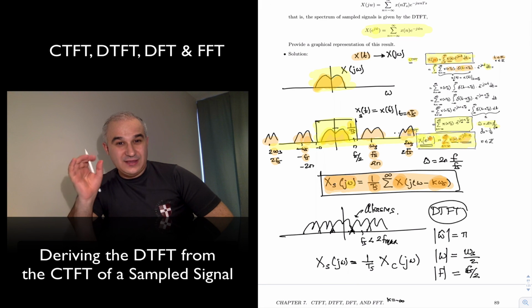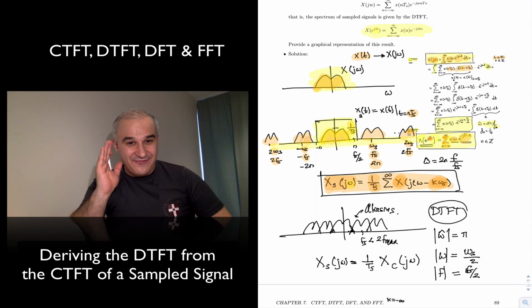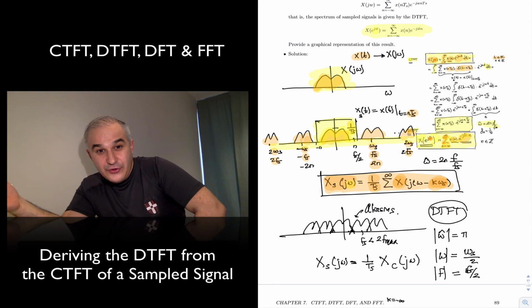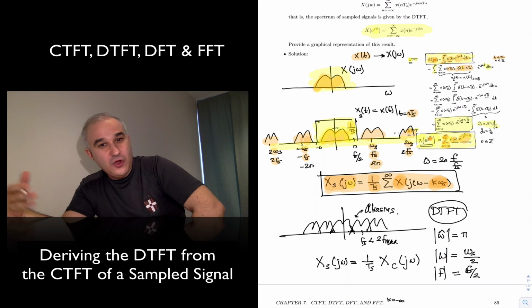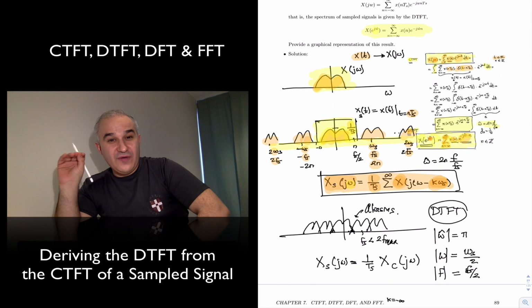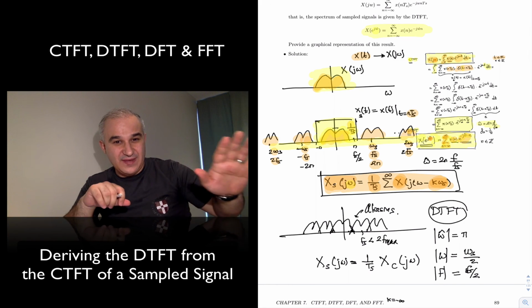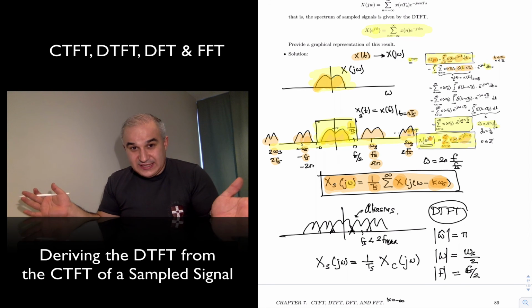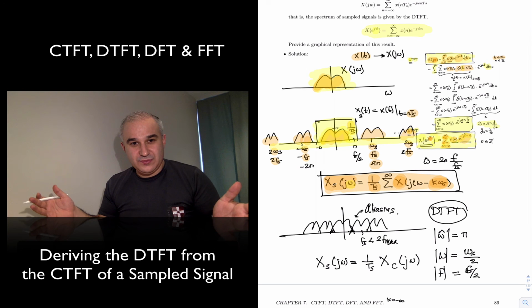But if we evaluate the discrete time Fourier transform at a finite set of points, now that's computational. Now you can use any processor, any computer, to actually find the spectrum of any signal, whether you have a mathematical expression or not, as well as all the signals that you just recorded.